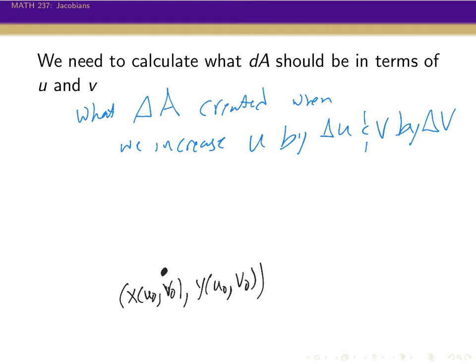But we know that x is equal to (u minus v) over 2 and y is (u plus v) over 2. So this is going to be (u naught minus v naught) over 2, and this is (u naught plus v naught) over 2.